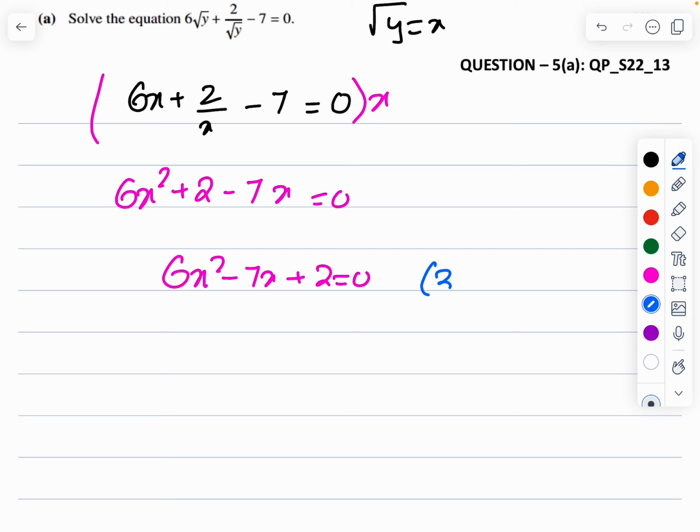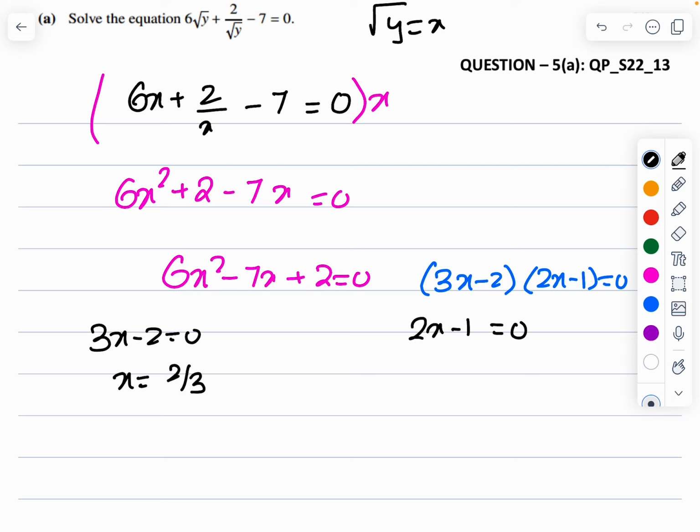Factorize it out. 3x minus 2 times 2x minus 1 equals 0. So 3x minus 2 equals 0, or 2x minus 1 equals 0. x equals 2 upon 3, x equals 1 upon 2. But what is x? Square root of y. So y equals, squaring on both sides, 4 upon 9.